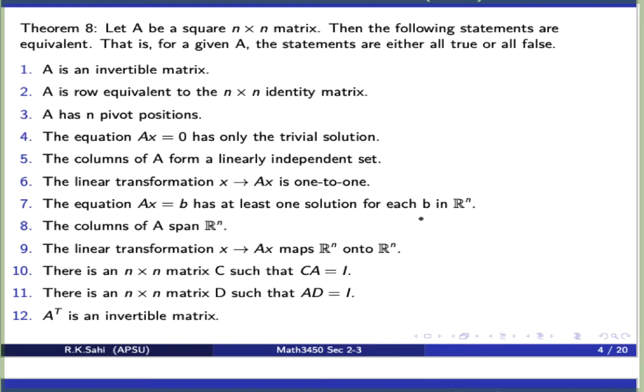Because the problem says Cx equals v is consistent, that means it has a solution for every b in Rn. So that's statement number 7 we are talking about.